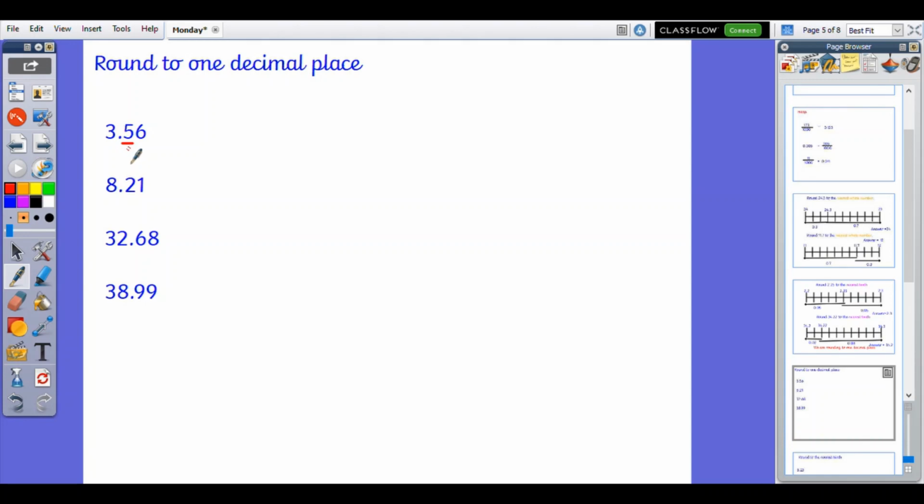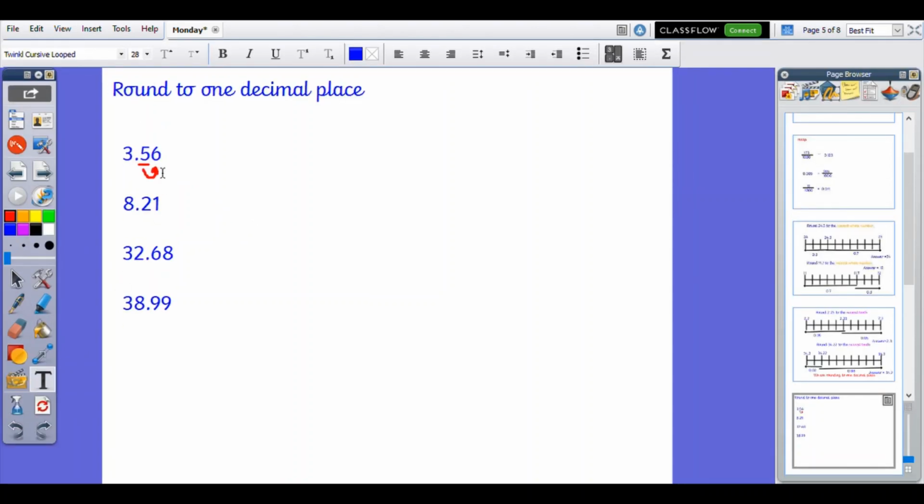So we are going to look at the number next to it. So we're going to look at the hundredths column to help us do this. Okay, so we can see that 6 is greater than 5. So we are going to round up. So this equals 3.6. Okay.